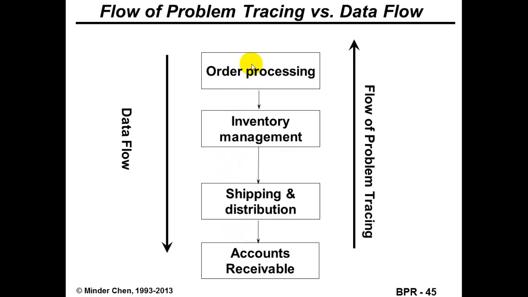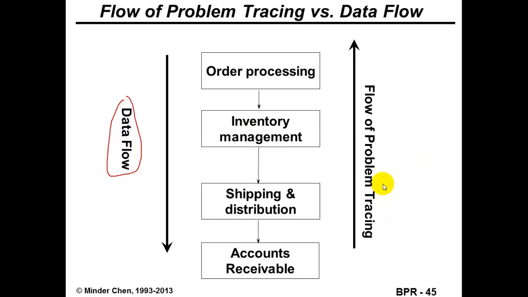Conceptually, these four activities can be connected. The arrows here show the sequencing of the events or activities which will be performed. The data usually flow from one process to the other, at least logically. I'll explain this a little bit later.